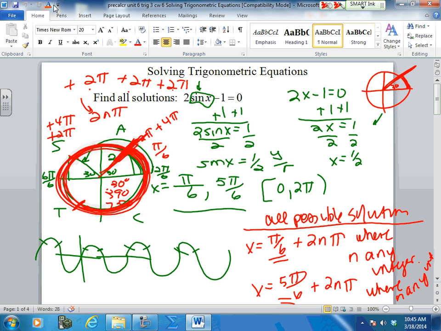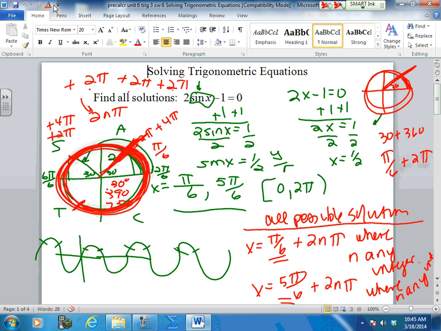Now 180. What brings me back around to a complete circle? 360. And what is 360 in terms of radians? 2 pi. So I take 30 plus 360 in degrees, pi over 6 plus 2 pi in radians, right? Now, I'm here. I came all the way back around.